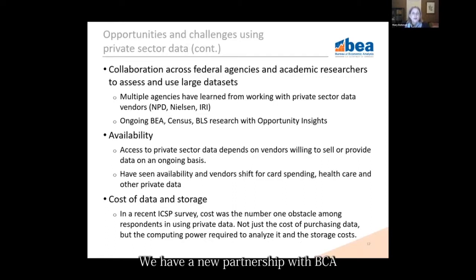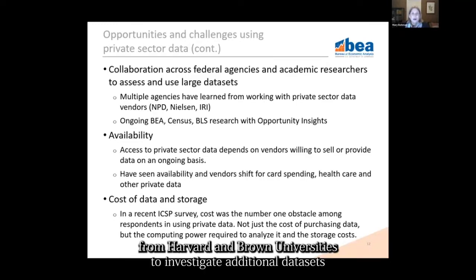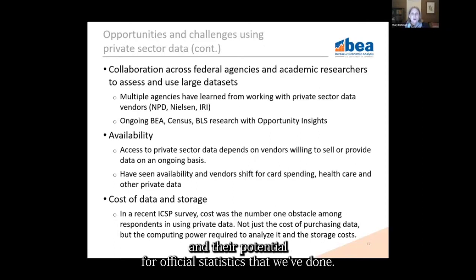We have a new partnership with BEA, Census, and BLS to work with the Opportunity Insights Group from Harvard and Brown universities to investigate additional data sets and their potential for official statistics. And we've presented that initial work and where we're going at our Federal Economic Statistics Committee, or FESAC, meeting last June.